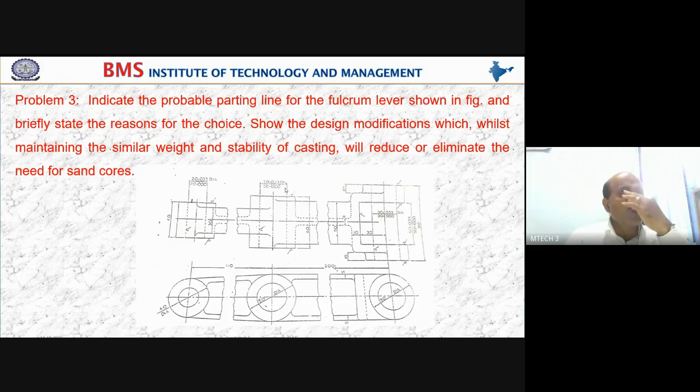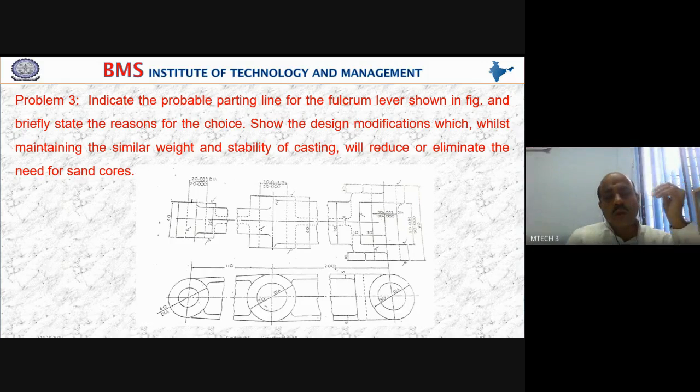According to the rule we follow, if the size of the hole is less than or equal to 30 millimeters, it can be cast solid, and later you can generate the hole by machining or drilling. Whenever the hole is more than 30 millimeters in size, a sand core needs to be used. So please look at these diagrams.